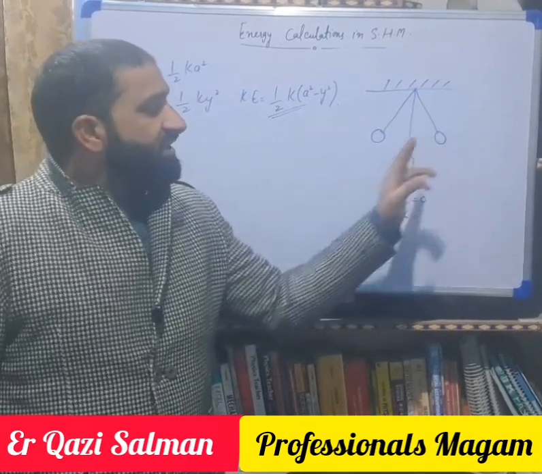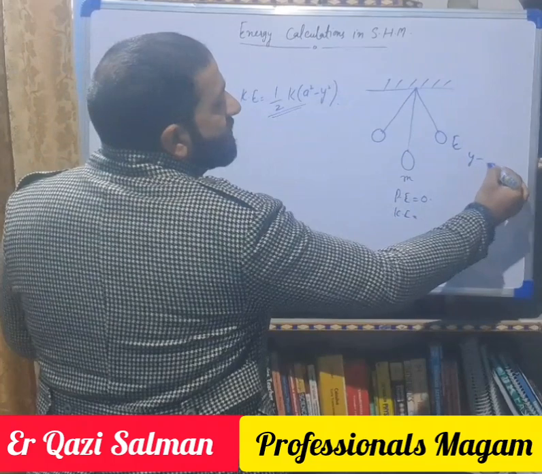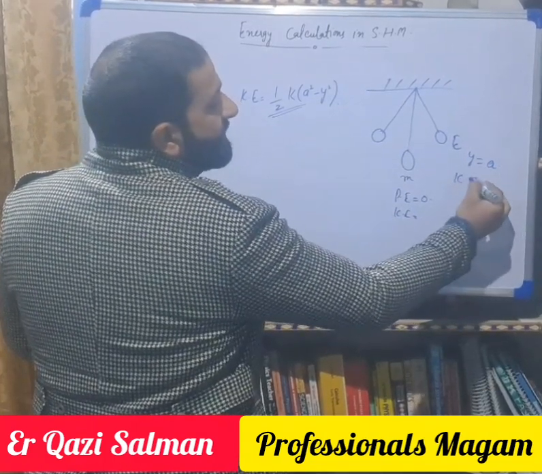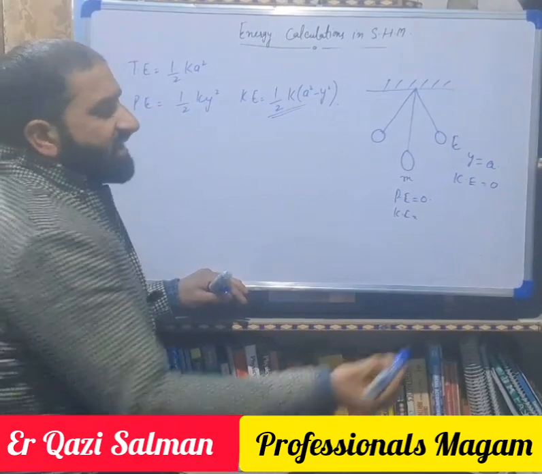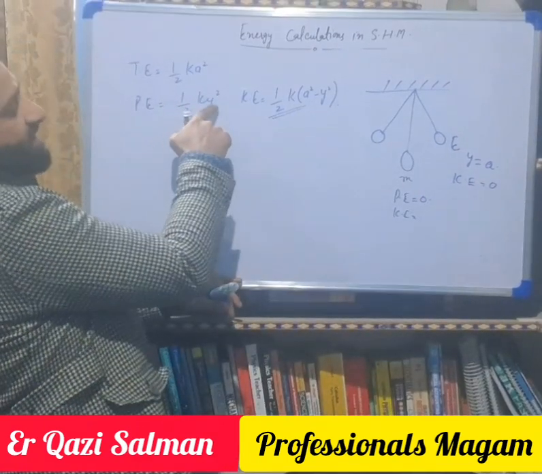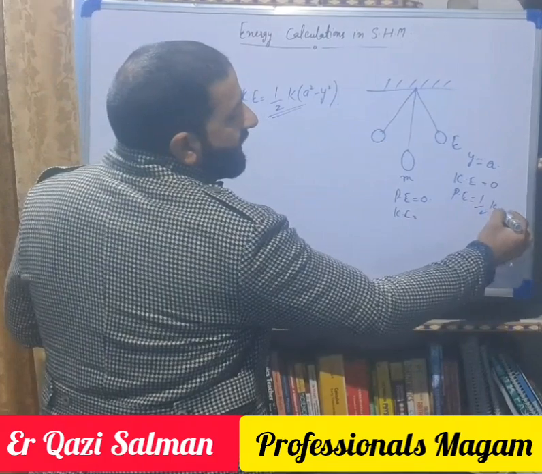Likewise, when we look at the extreme position, y is equal to A, so kinetic energy as per this equation is equal to 0, and potential energy, as y is equal to A, will be equal to 1/2 K A².